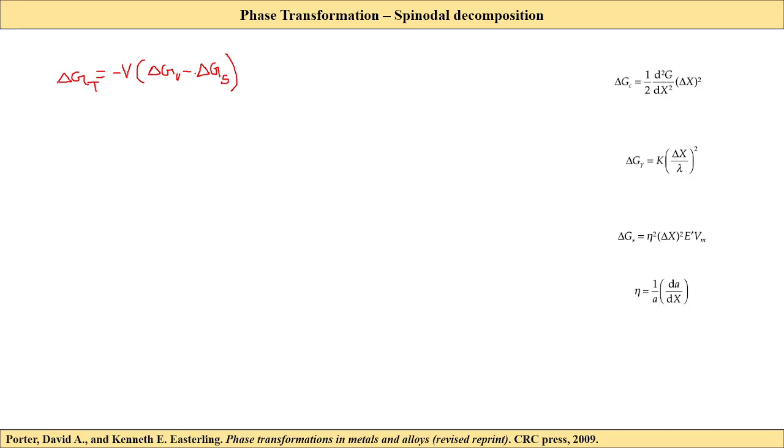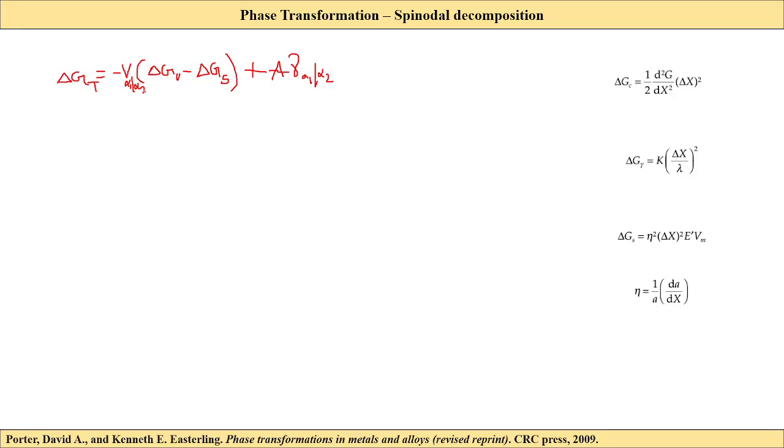Because there is still a surface term, so let me write it in positive terms, plus the surface area that has been created times the surface energy of alpha 1 alpha 2, right?